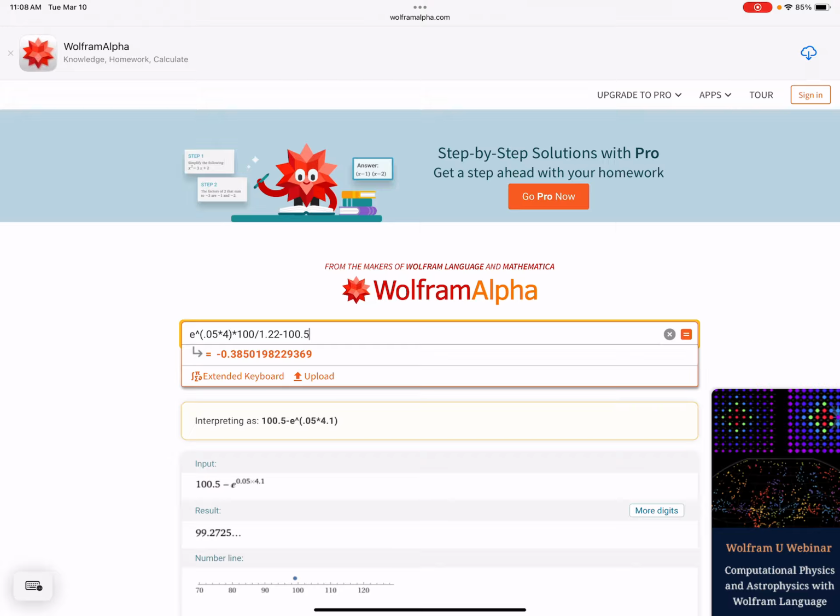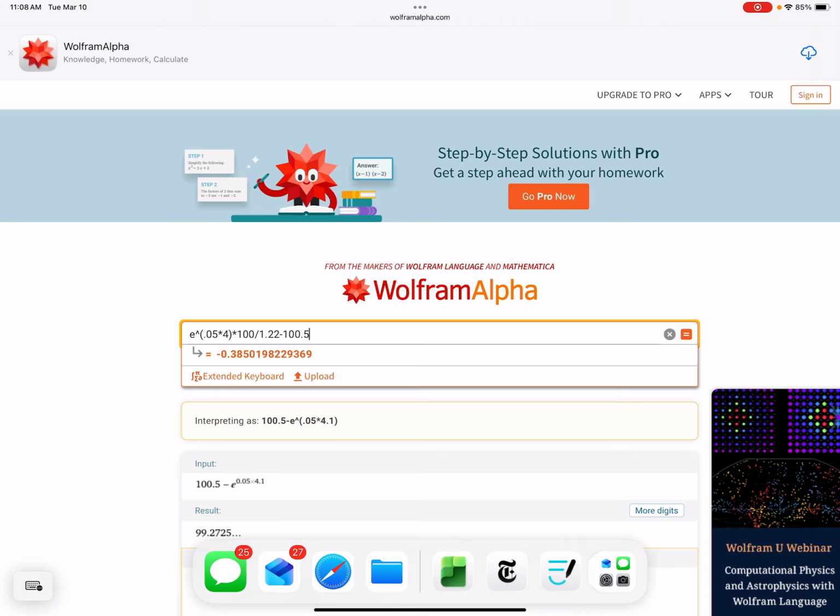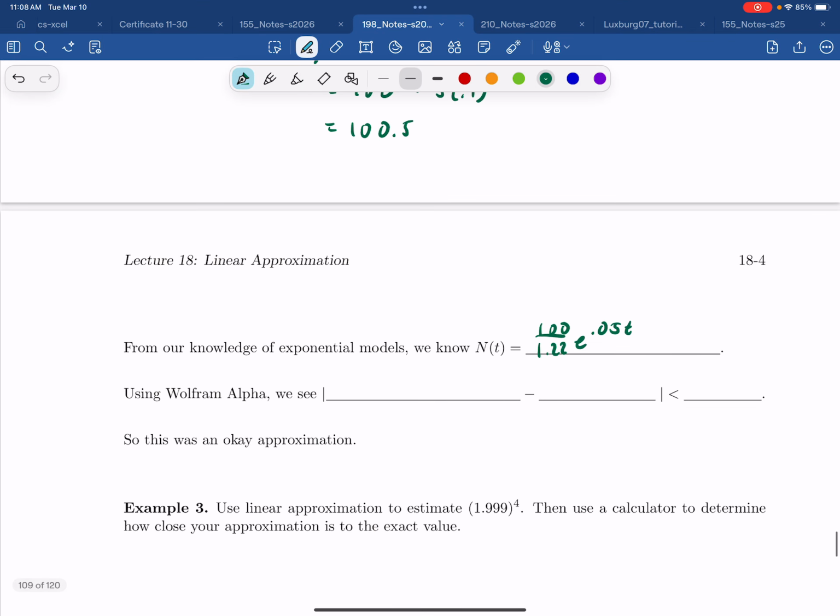It's not amazing, but it's pretty good. Right? So we see that minus 100.5. Oh, sorry, this is this guy here. Minus 100.5 is less than 0.4. So this is an okay approximation. Still pretty good.